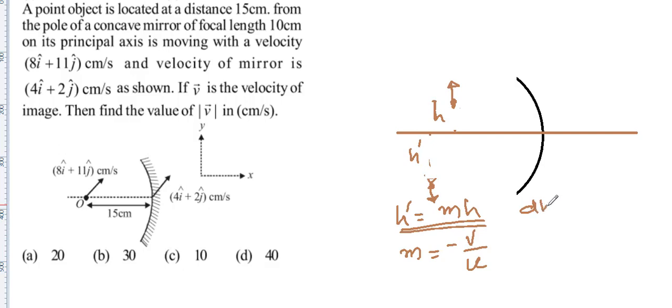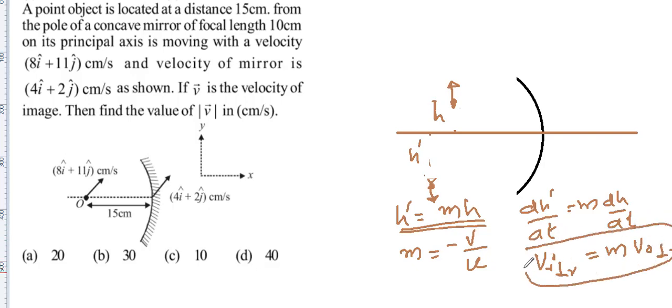So dh dash by dt is equal to m into dh by dt. And what is dh dash by dt? That is the velocity of the image perpendicular to the principal axis, equal to m into the velocity of the object perpendicular to the principal axis. So this is an important point which you can apply in the present case. Okay, so this is the first point.